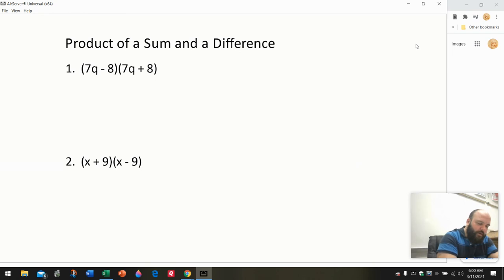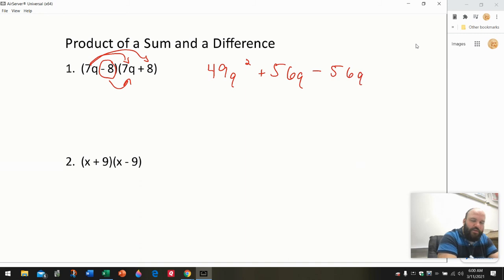So if I go ahead and FOIL this out, 7q times 7q, I get 49q squared. Then I take 7q times 8, which is positive 56q. Now I'm taking this negative 8 and distributing it to the 7q, and I get negative 56q.